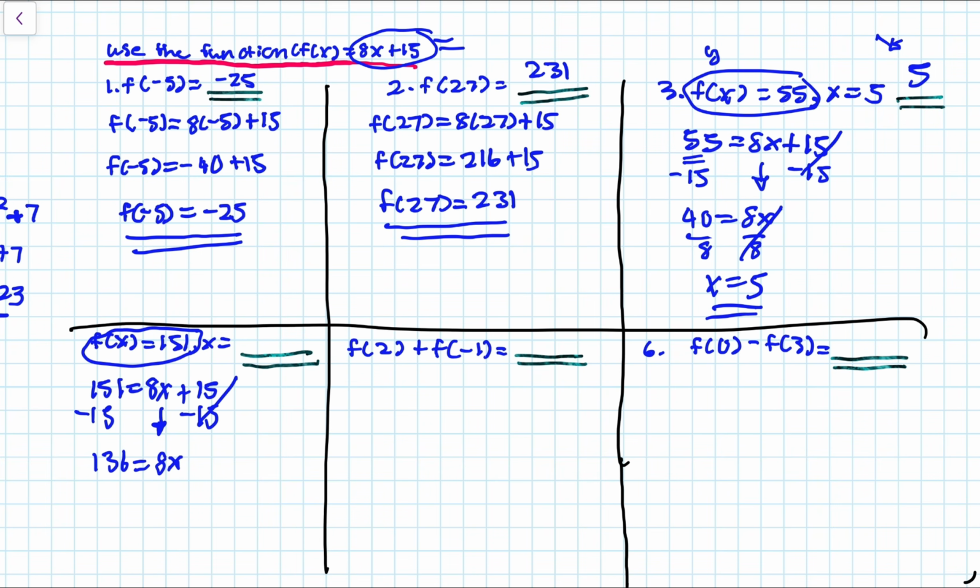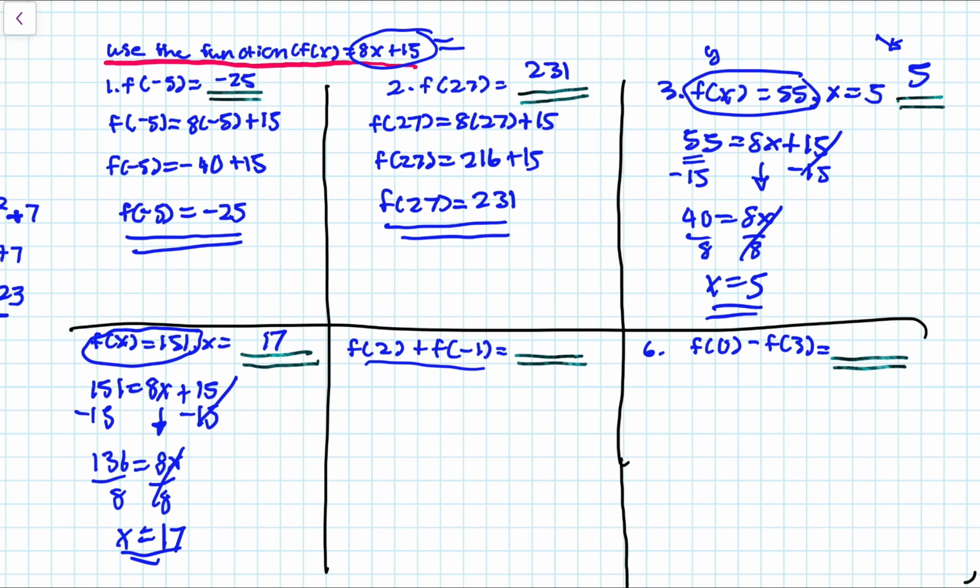Then divide by 8 from both sides, and your final answer is going to be x equals 17. Yeah, so this is really easy so far.